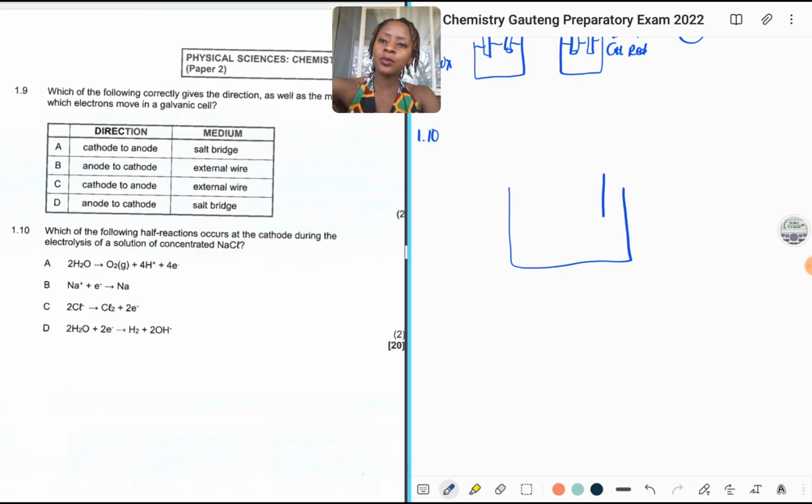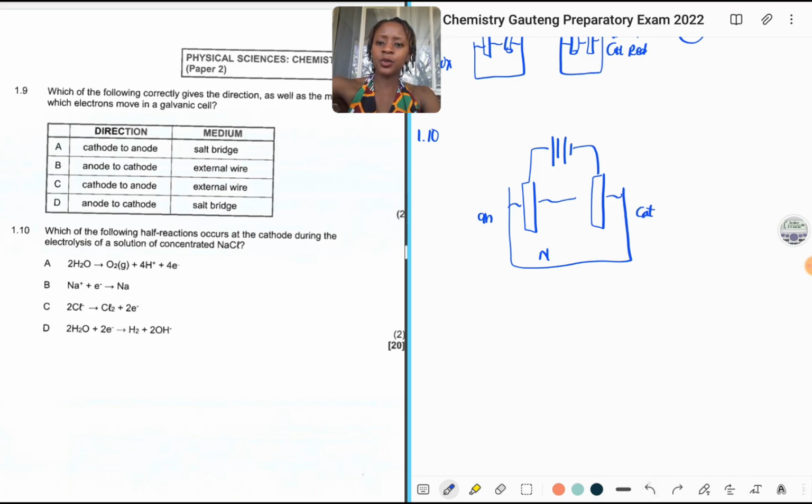In one beaker, you have both your electrodes, where you have the anode this side and the cathode that side. And you have a power source, and you have your solution. This time, you have a solution of sodium chloride. It will have dissociated.